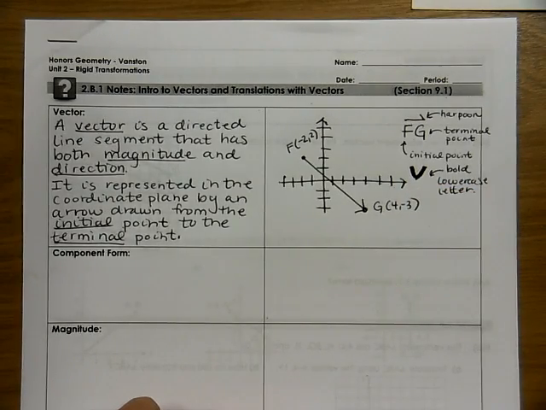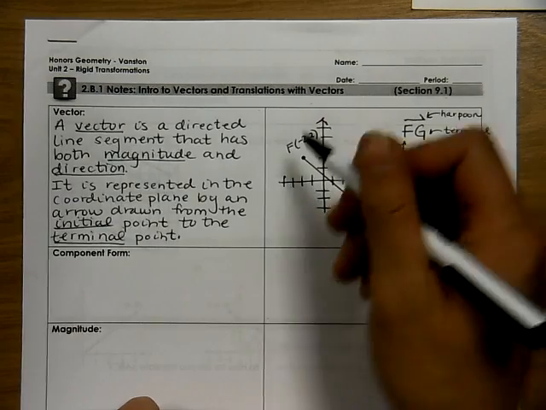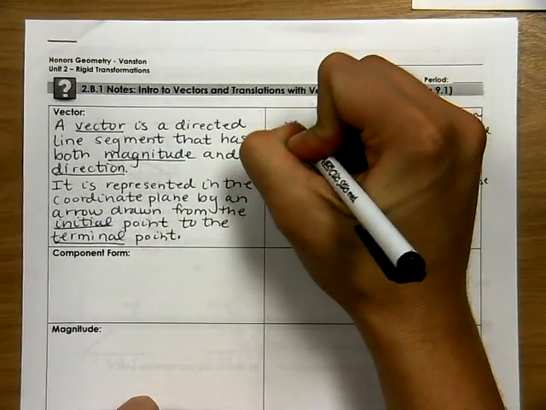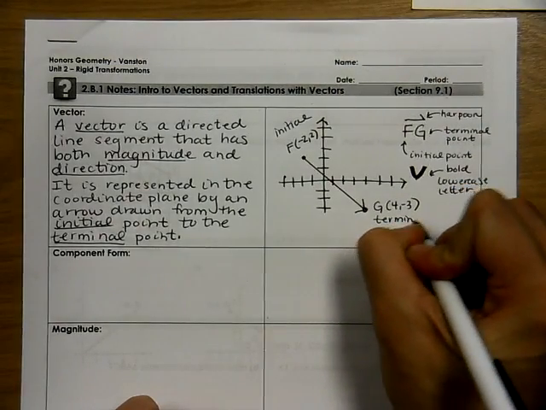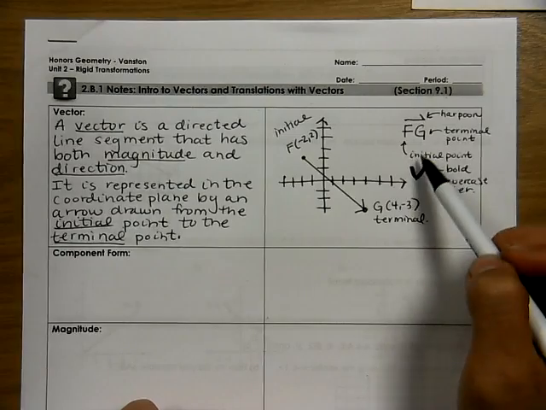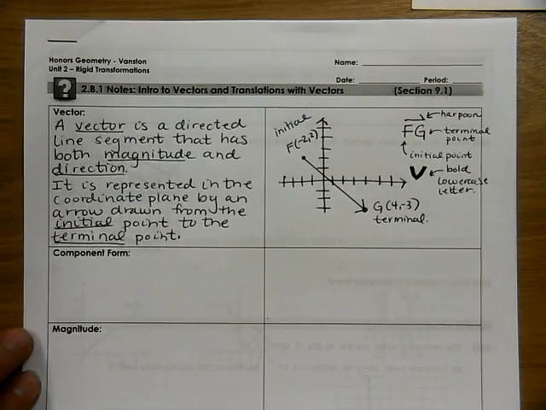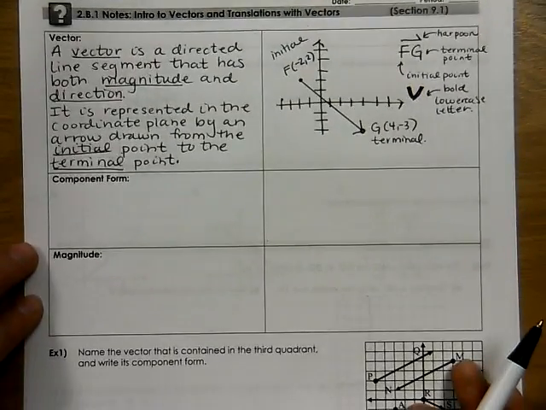So let's talk a little bit more about this vector. The vector has an initial point F, terminal point G, and we can name the vector like we did over here, and we can also talk about the component form of a vector.